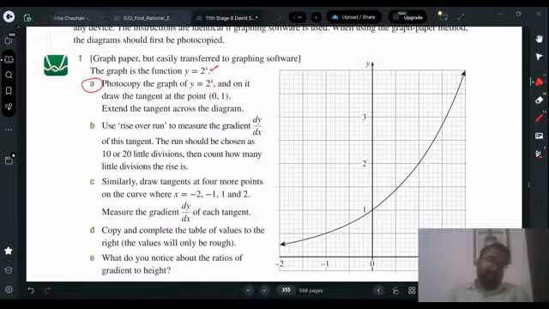Take the diagram's tangent of the function at 0. So at this point you have to draw the tangent. Clear? This is the tangent line or no?